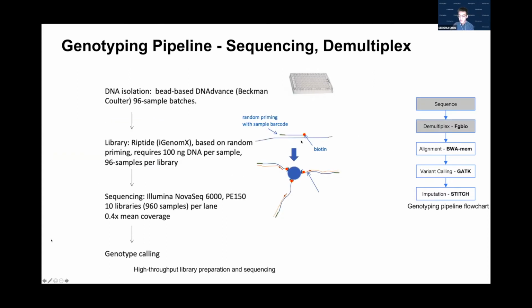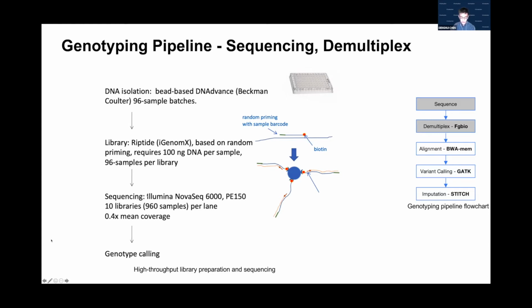For sequencing, for DNA isolation, we do 96 samples per batch. For the library preparation, we use the Riptide library preparation kit, which is based on random priming from both ends, and it's also 96 animals per library. After that, we use the Illumina 6000 to do the sequencing.